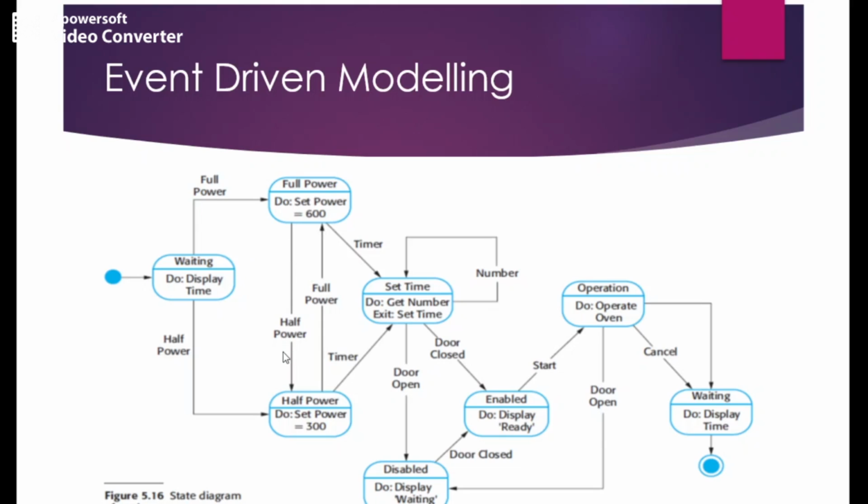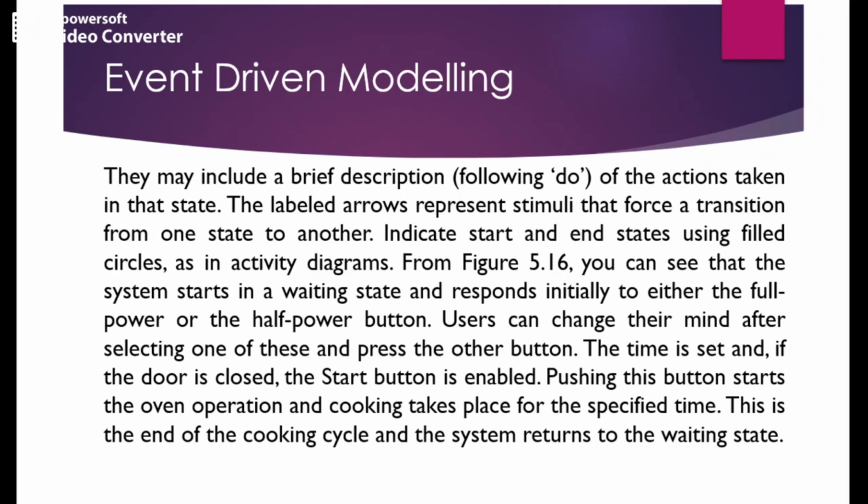After pressing half power, you'll move to the half power system state, or from half power if you want to move to full power, you press the full power button again. So users can change their mind after selecting one of these and press the other button.